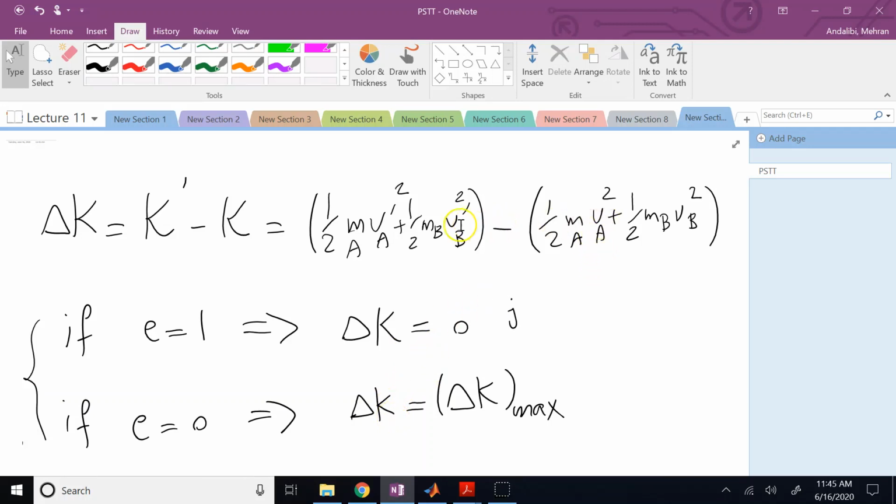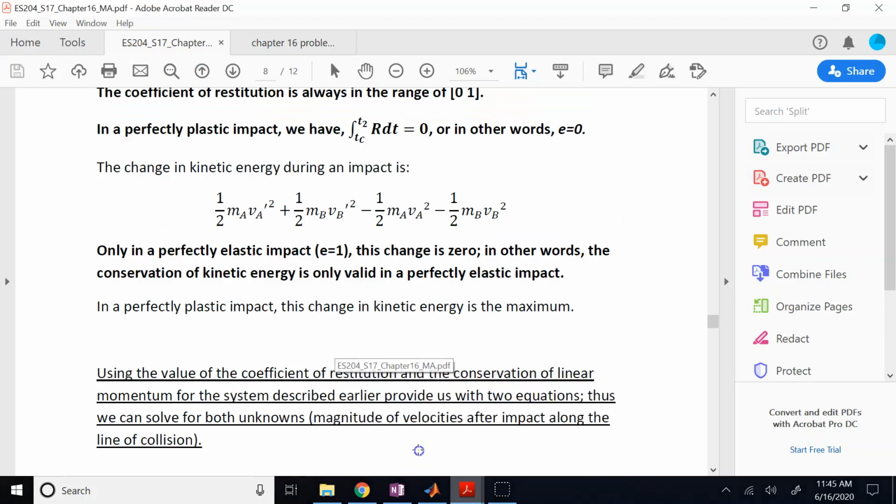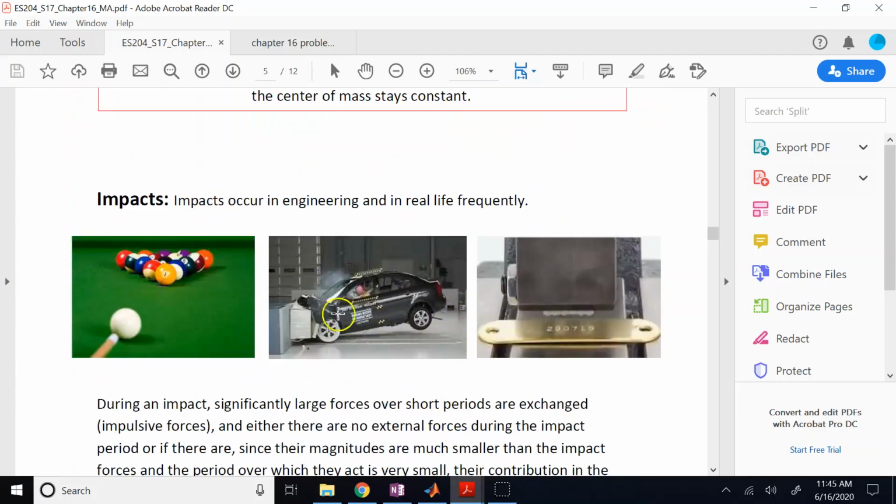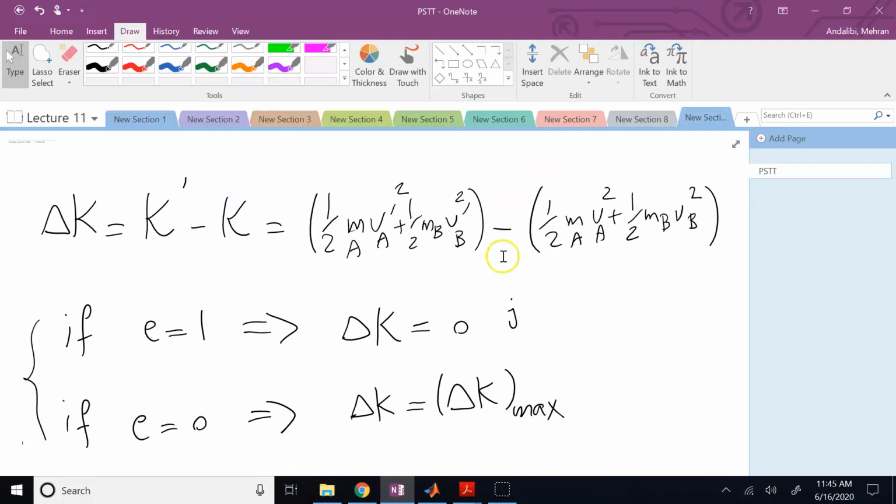You're not going to have the case that both of these are 0 unless it's a really super hard impact. Even in this hard collision of the car with another car or something, after the impact, either they separate a little bit, or even if they stick together, they move a little bit. So they're not going to completely dissipate their kinetic energy. So it's never going to be equal to the initial kinetic energy. This is never 0, but you can see that this difference is max.